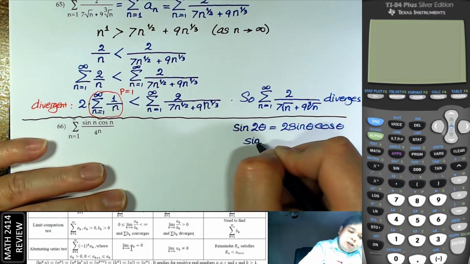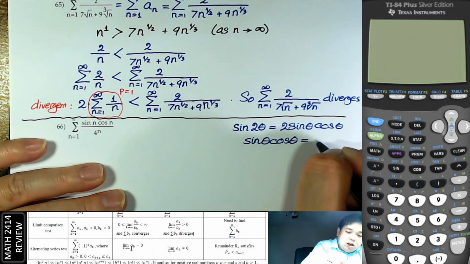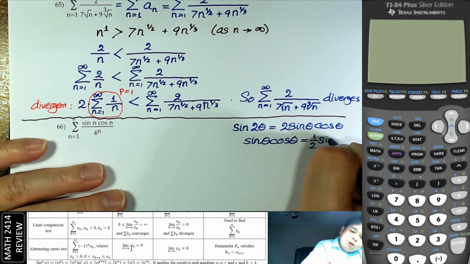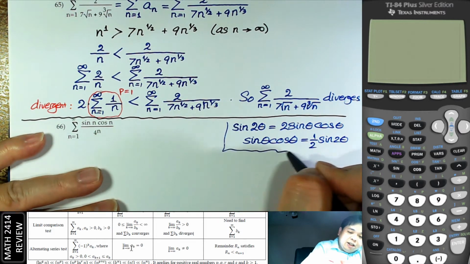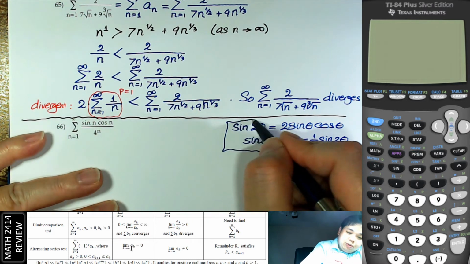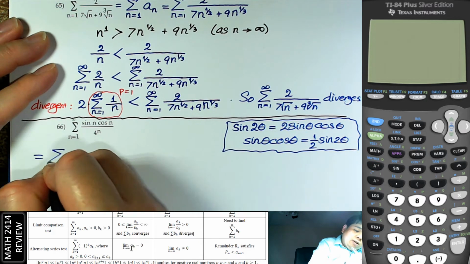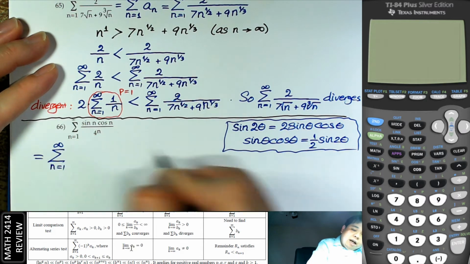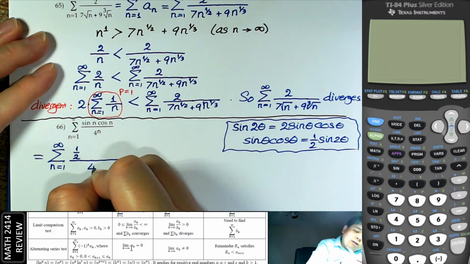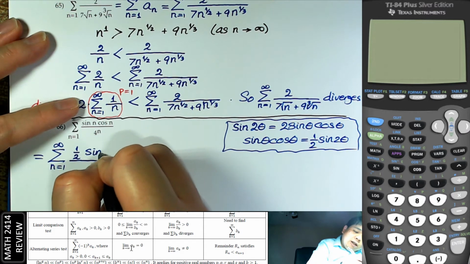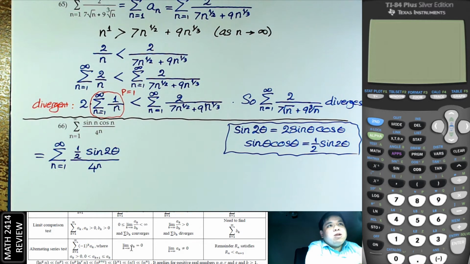So sine theta cosine theta, if we divide by 2 on both sides, is 1/2 sine of 2 theta. Right, so we'll keep that because we might need to use this. I'm going to write that as 1/2 sine of 2 theta. Now, what are the values of sine of 2 theta?